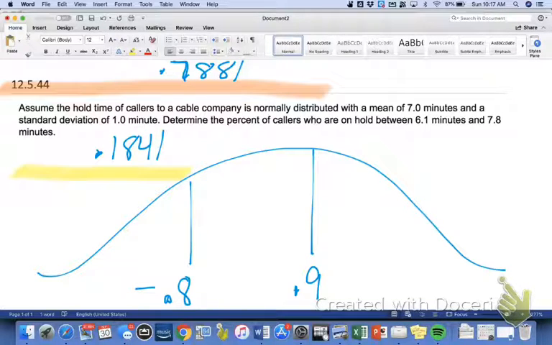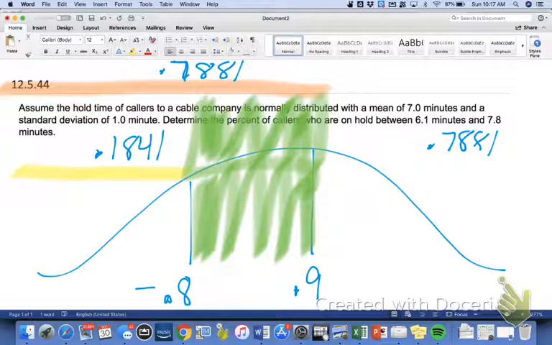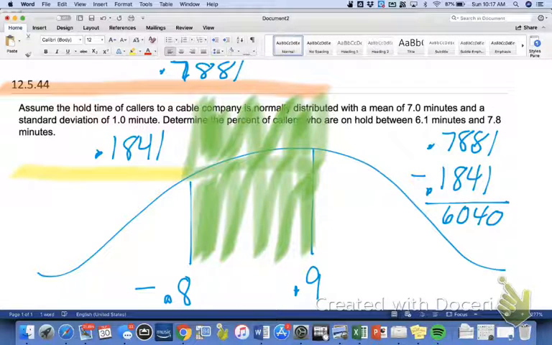What we need is the space that is in between them right here. So that is why we are going to subtract. Over here to the side, I'm going to do 0.7881 take away 0.1841. When I subtract that, I get 0.6040.